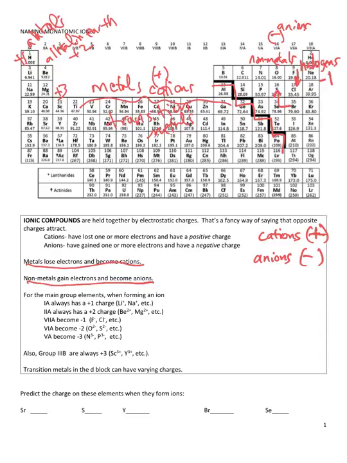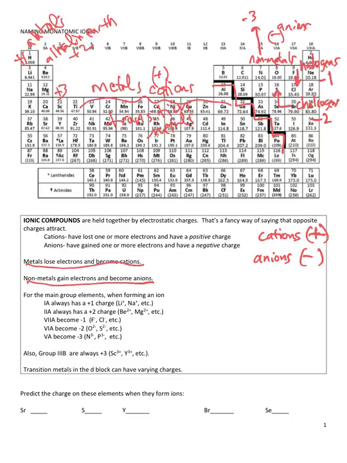The group 6A, the chalcogens, oxygen, sulfur, selenium, tellurium, they're going to get -2. The 5A, if they're going to make an ion, will be -3.